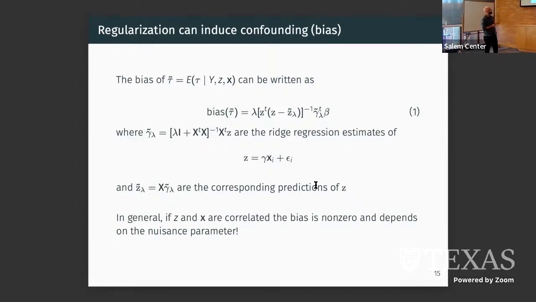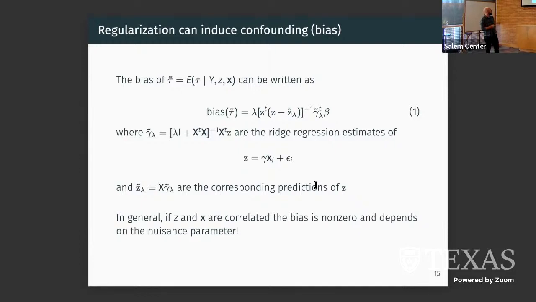It has a few different pieces. This lambda, that's the ridge parameter. Okay. So bigger lambdas, more regularization on beta. Okay. Z, you remember, was the vector of treatment assignments, treatment variables. Z minus Z tilde is the residuals in an estimate of the ridge regression here.